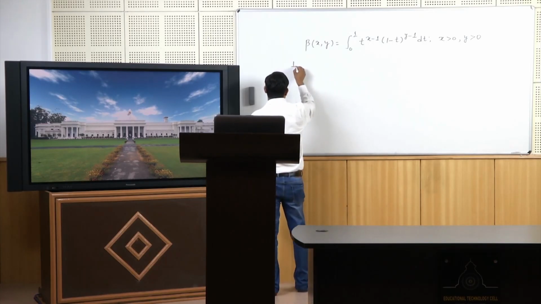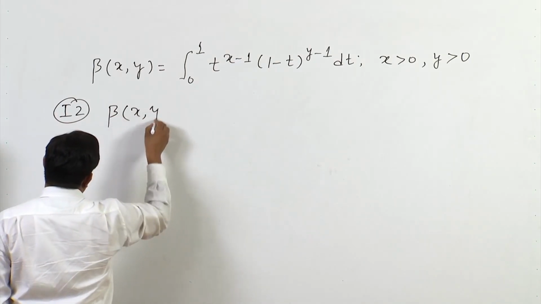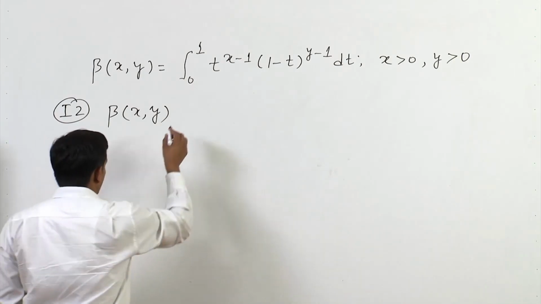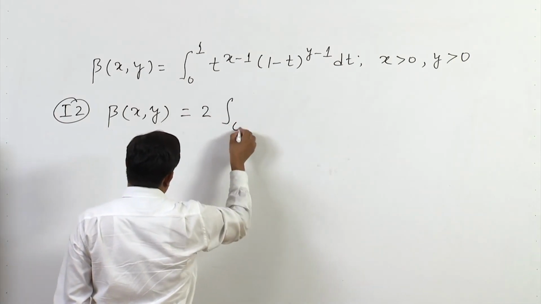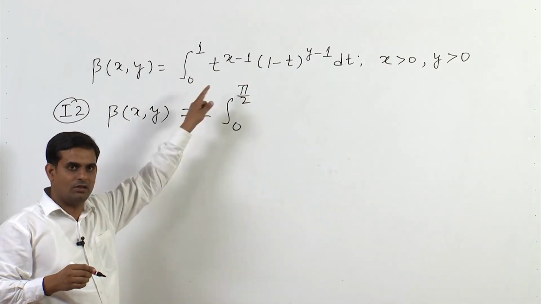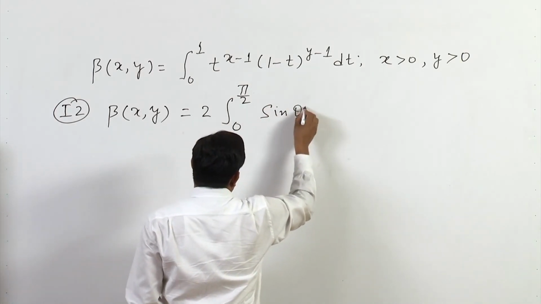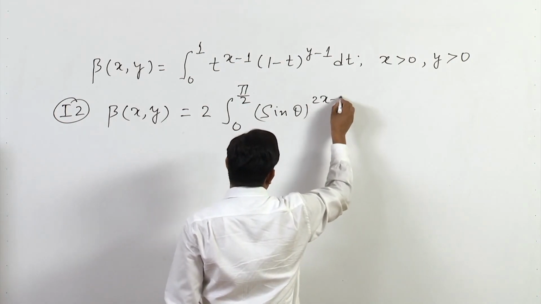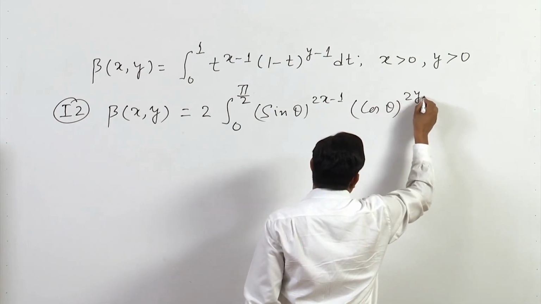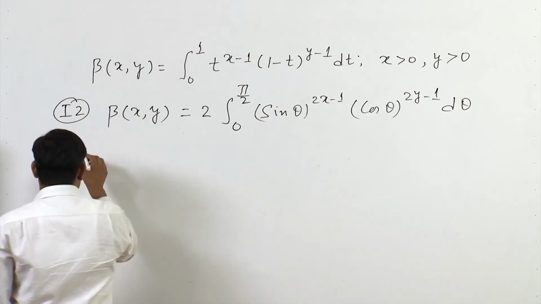It says that the beta function can also be written in terms of sine and cosine, and it is given by the relation beta of x, y equals 2 times the integral over 0 to pi by 2 of sin theta raised to power 2x minus 1 into cos theta raised to power 2y minus 1 d theta. So, let us prove it.